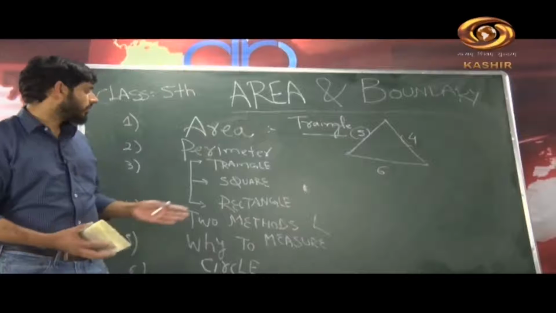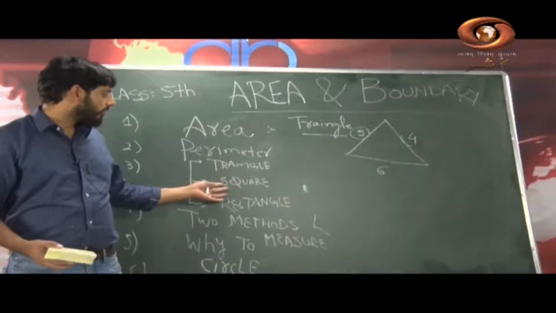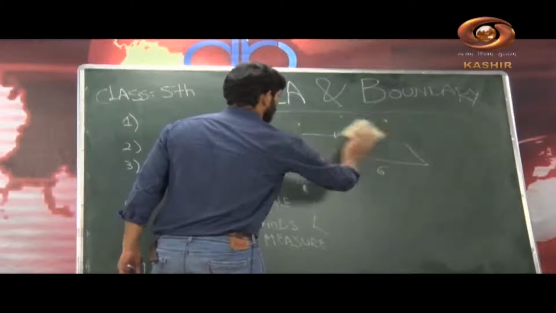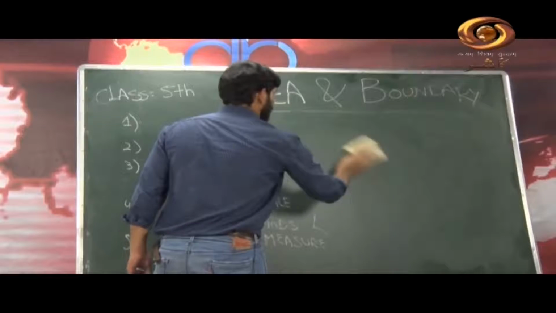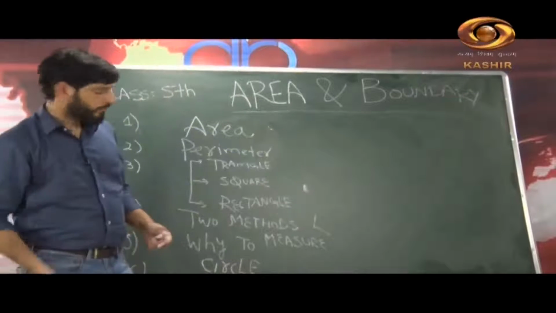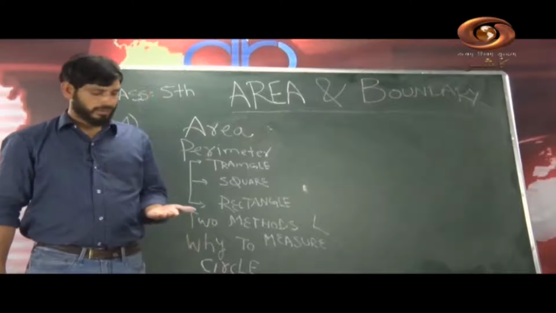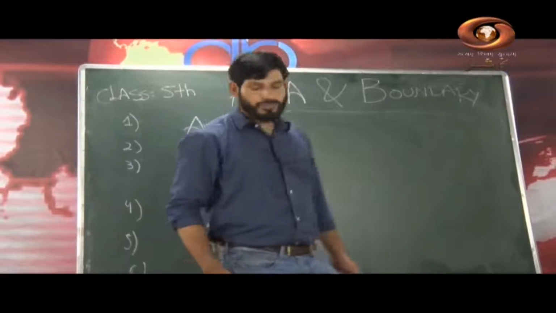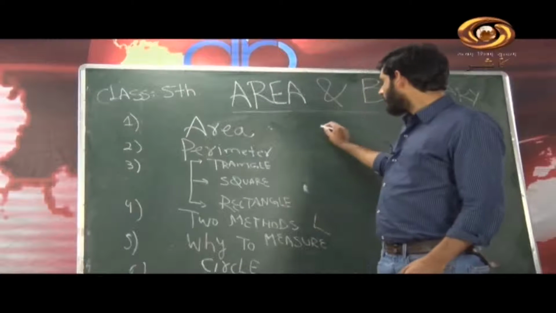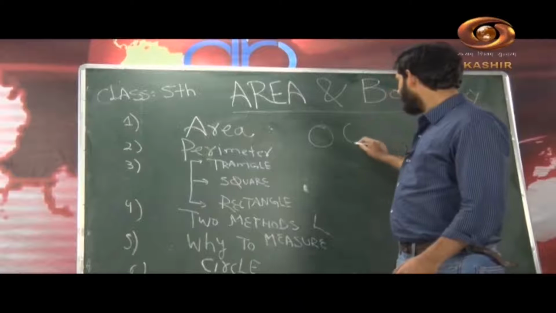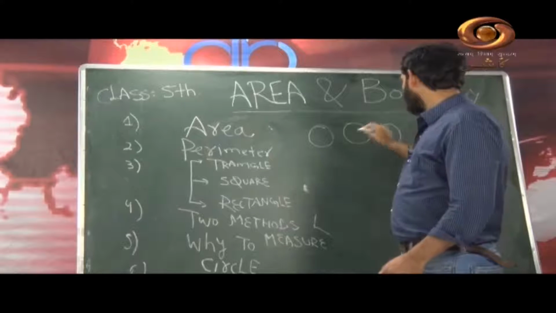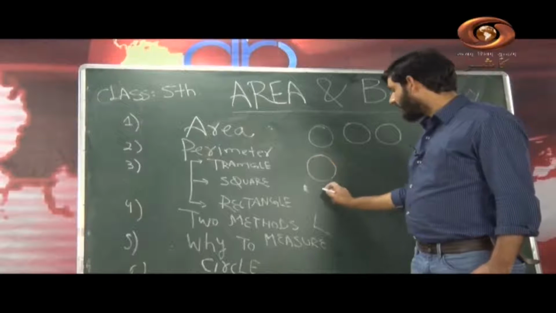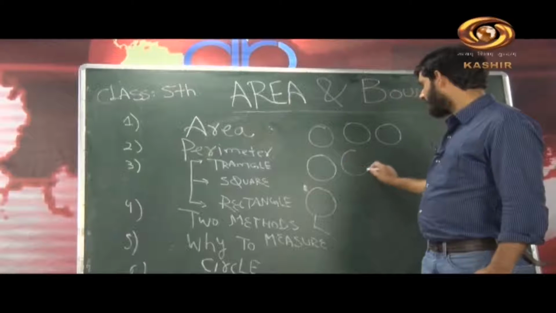Now we will be having a brief discussion about square and rectangle. Regarding this square, suppose in one of the classrooms, we have 3 lines, okay, and each line contains equal number of students.